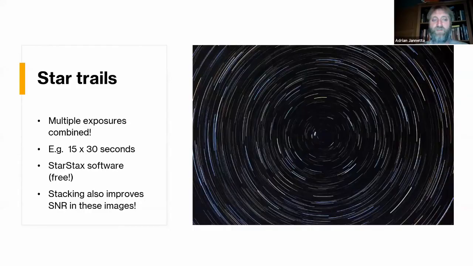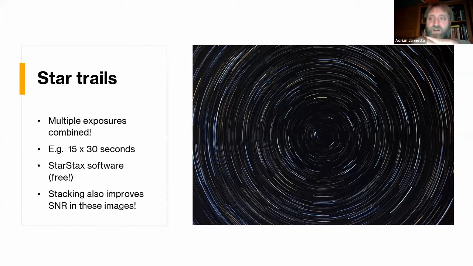So if you fancy taking a picture of star trails, what you can do is take a series of pictures without moving your camera and then use software like StarStax, which is free, to add all your images together and you get a nice picture of star trails like that. That's 15 by 30 seconds, so what, 7.5 minutes?